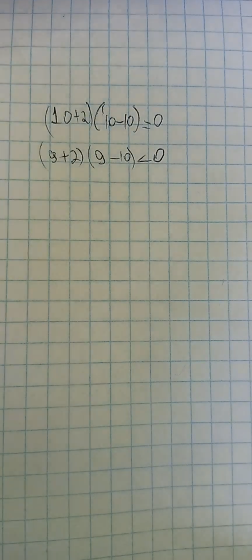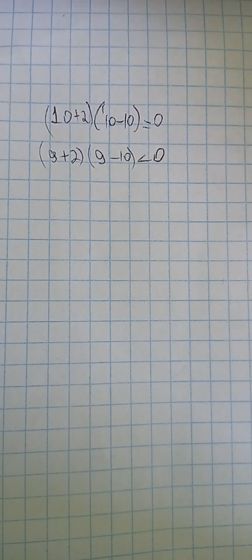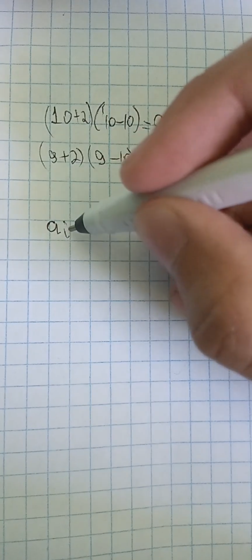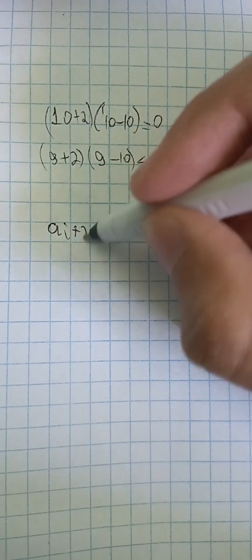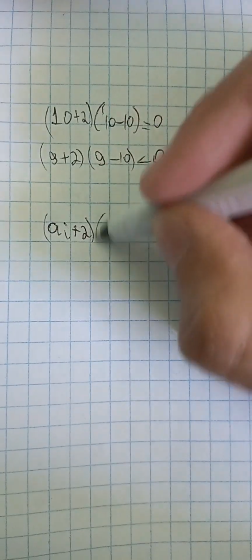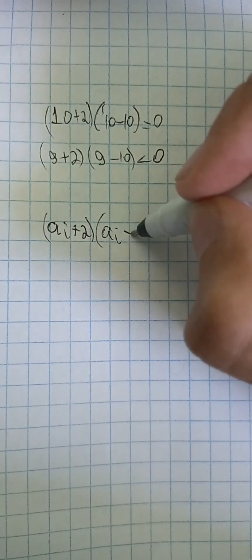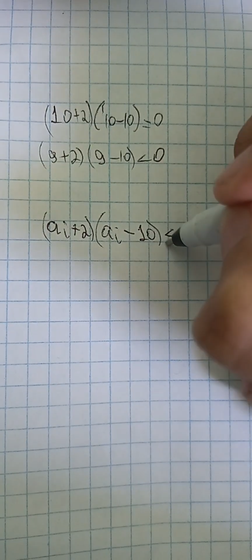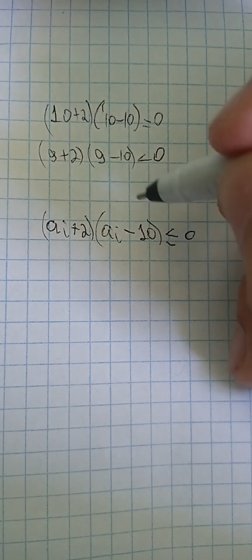We can continue now. I think it's clear that if we take any number in this set and add 2 and multiply by the number minus 10, the product will be less than or equal to 0.